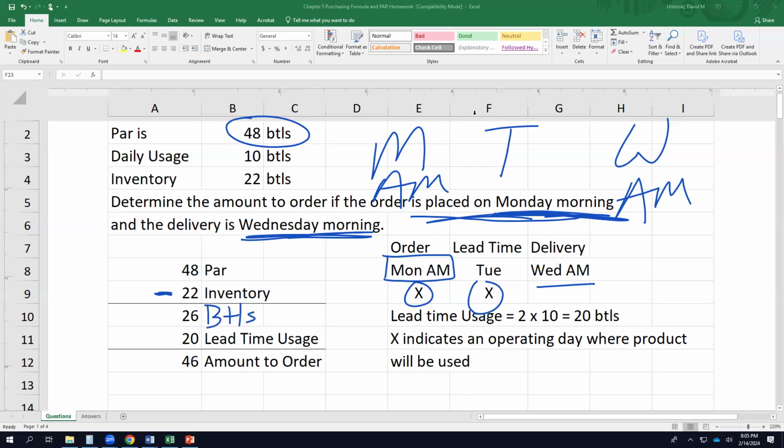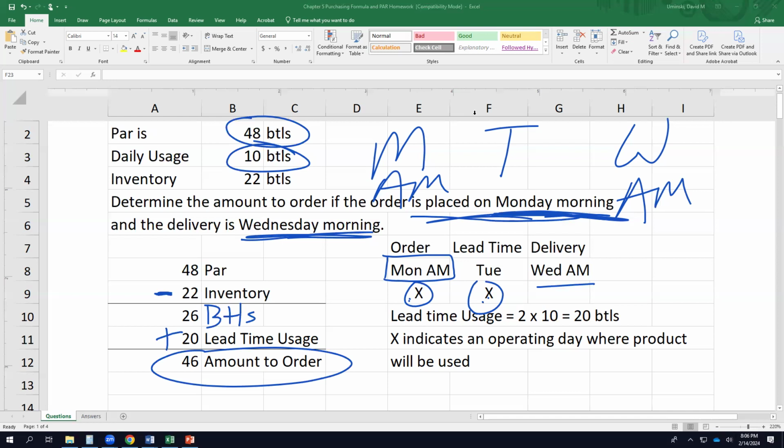But Monday, Tuesday, I'm still operating. I still have business. My daily usage is 10 bottles. So 10 bottles per 2 days is how many bottles? 20 bottles. I need to add that lead time usage back in and order 46 bottles.